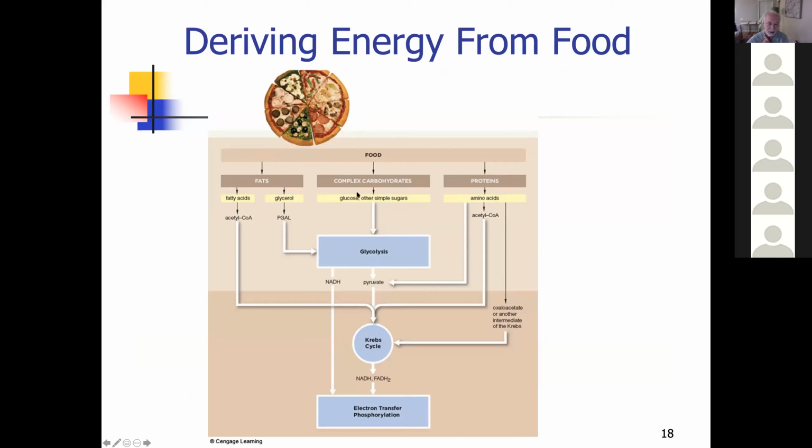Complex carbohydrates are converted to simple sugars like glucose through glycolysis. All of these produce pyruvate, which is converted to acetate, and that goes into the Krebs cycle. So this is just a reiteration of what we've been going over.